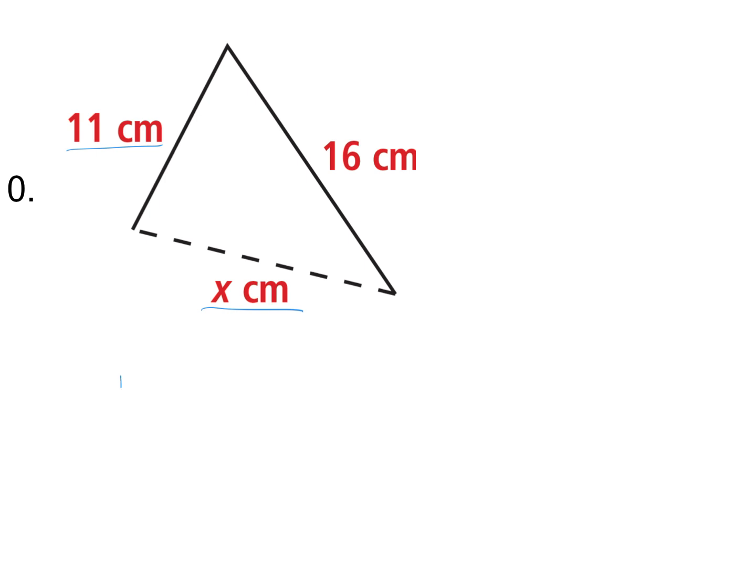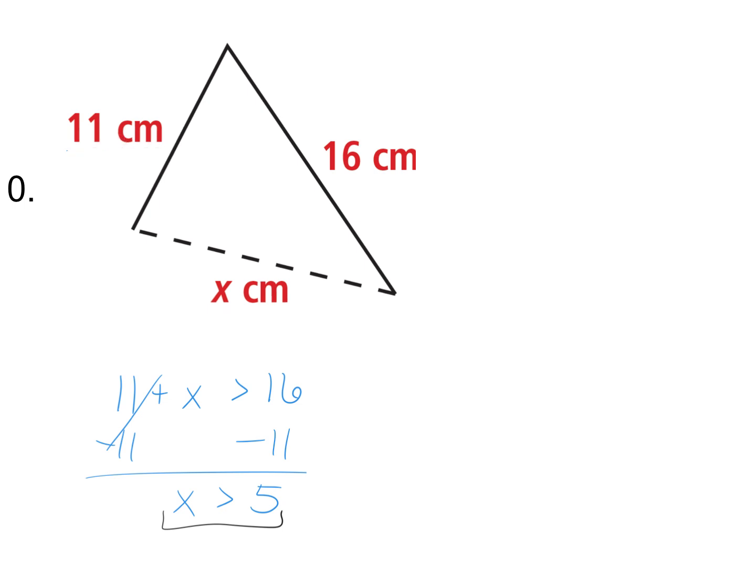So 11 plus x we know has to be greater than 16. So how can I solve that inequality? Subtract 11. So we have x is greater than 5. That's one inequality. Now we need the other part. What's another statement that we know has to be true?